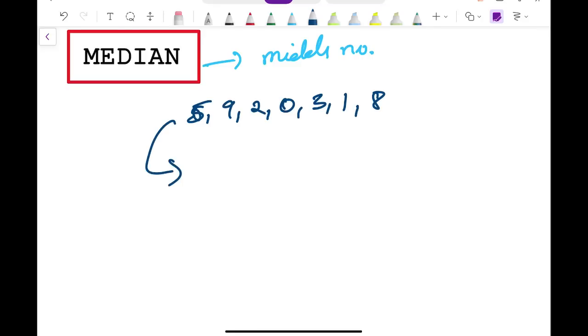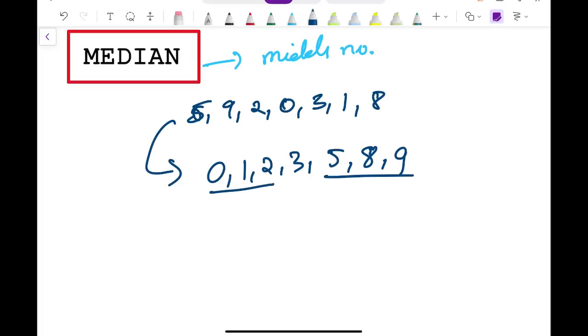If I arrange this in ascending order: 0, 1, 2, 3, 5, 8 and 9. Logically, without any formula, the middle number is 3. So the median is 3. I won't give you any formula. Simple. You just first arrange it in ascending order.